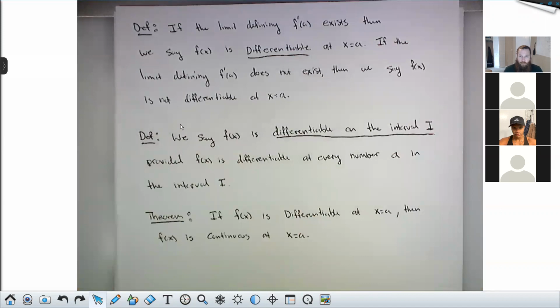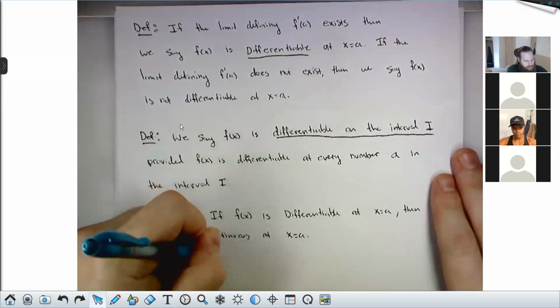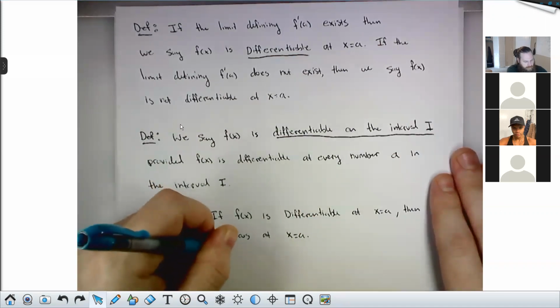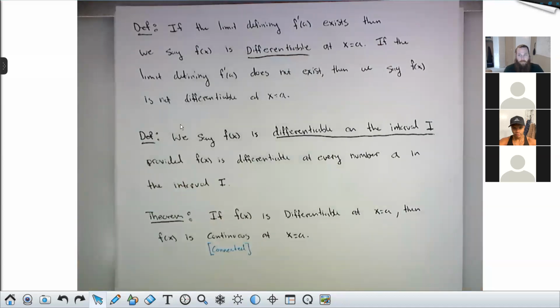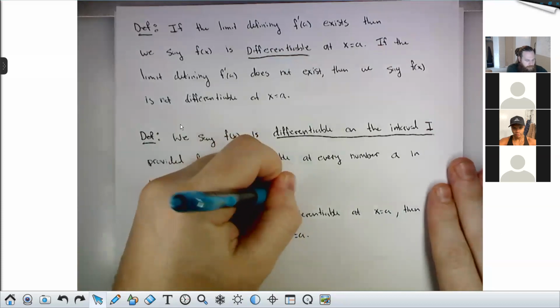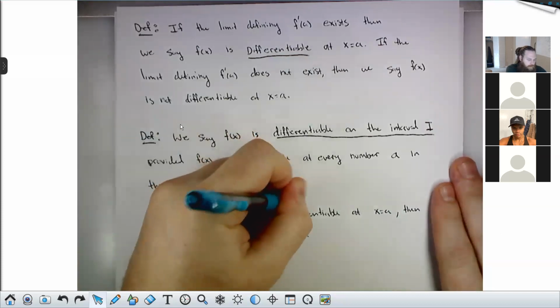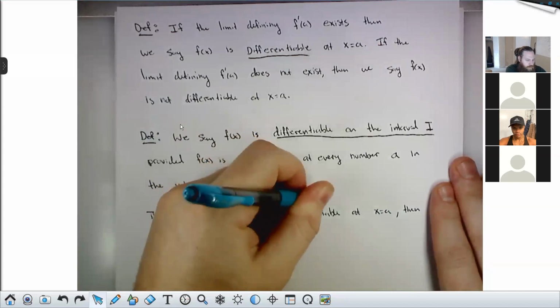And I want to give you some synonyms for the words differentiable and continuous. The synonym for continuous you're already familiar with. Continuous is the same thing as connected. If the graph is one connected piece, no breaks, no jumps, no holes, that's what it means to say the function is continuous. The synonym for differentiable that I want you to get baked into your head is smooth.